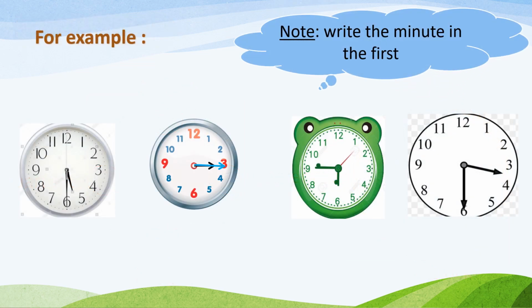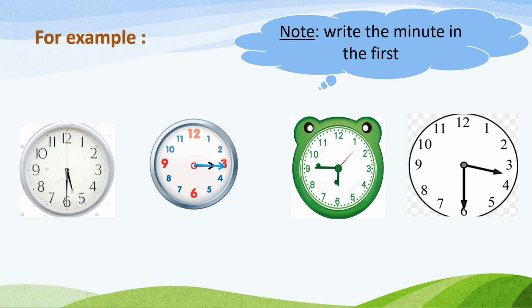For example, we have a note. Write the minute in the first. Number 1, the short hand or the hour hand on 5. The long hand or the minute hand on 6. We say that when the long hand on 6, it tells me half past.